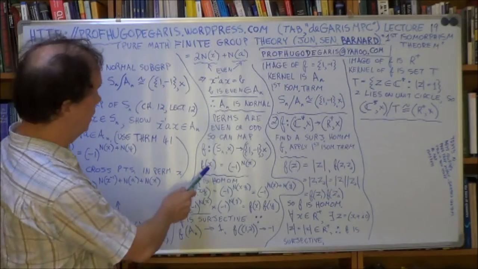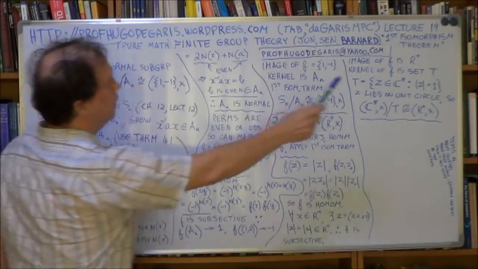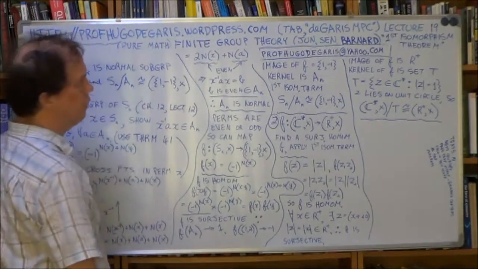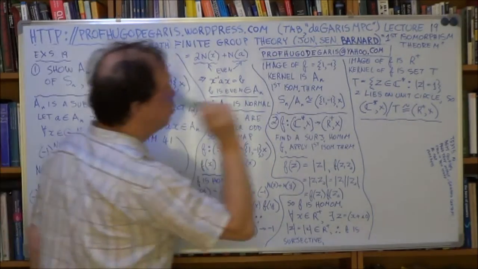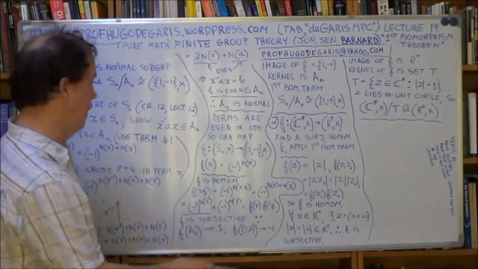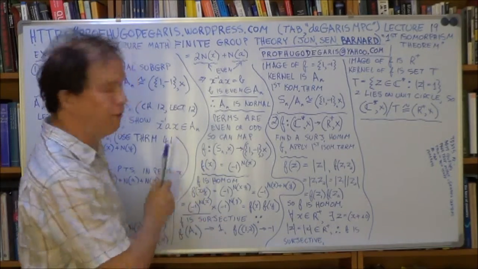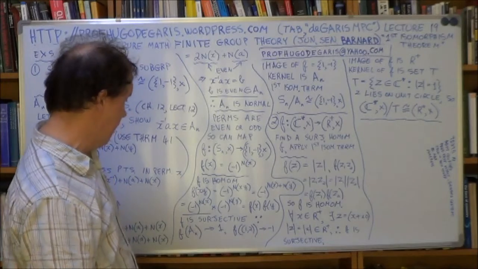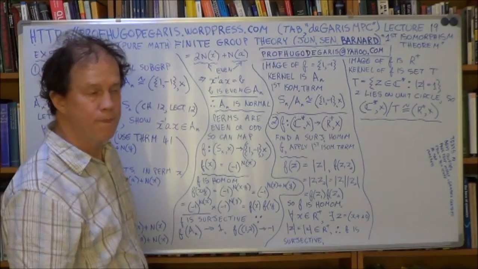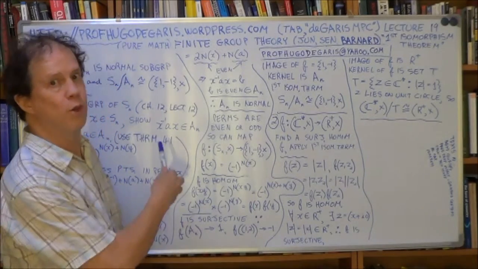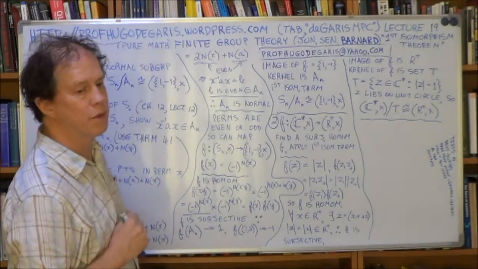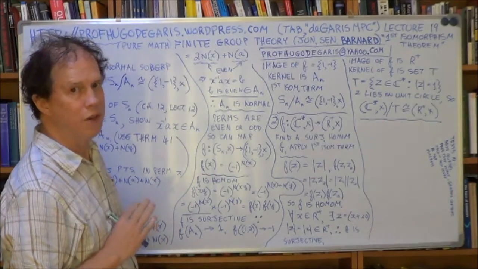So next step, if we want to prove the isomorphism using the first isomorphism theorem, we need to go through several steps. We need to show that this f is homomorphic, surjective, the usual things. We did it 4 times in the previous session, went through that process like a mantra.